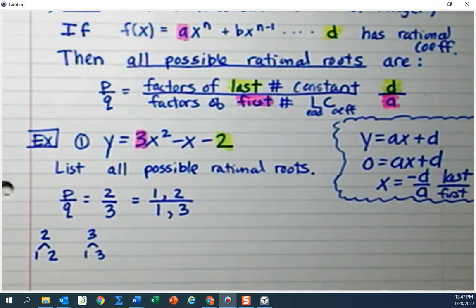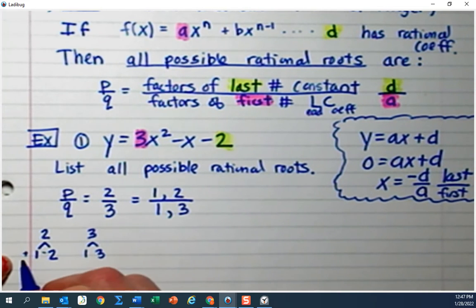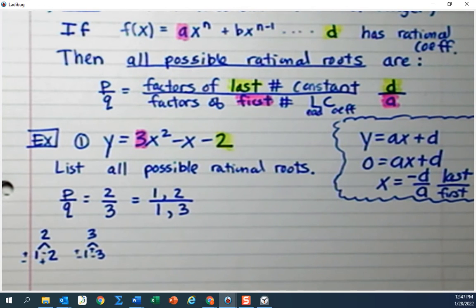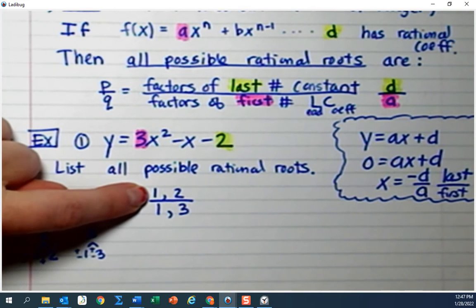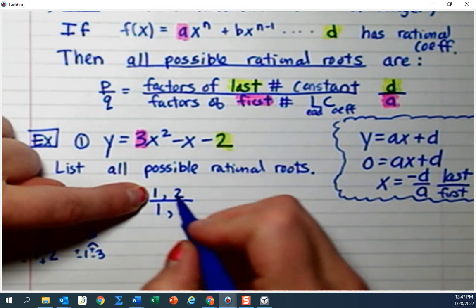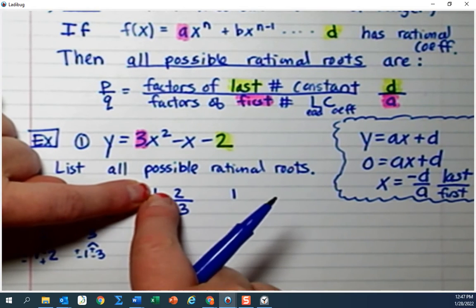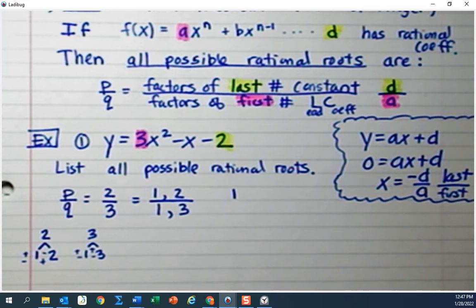Now, these could be all opposite signs. This could be positive, negative, negative, positive, positive, positive. So we've got all sorts of pluses and minuses here. As I write down my final list, I have to pair up all the possibilities. So I'm going to start with 1. 1 over 1, 1 over 3.